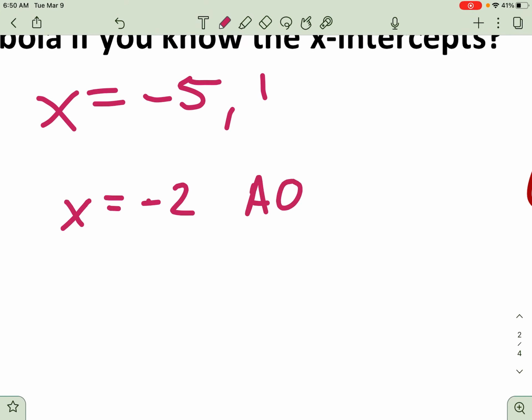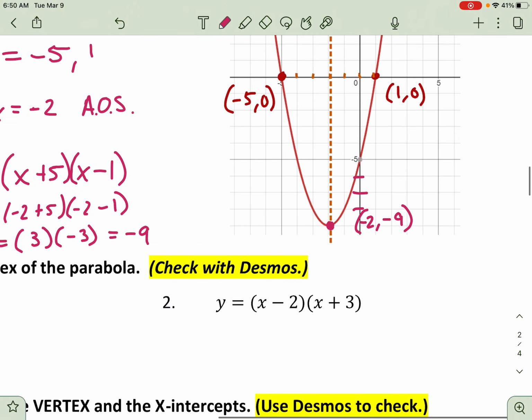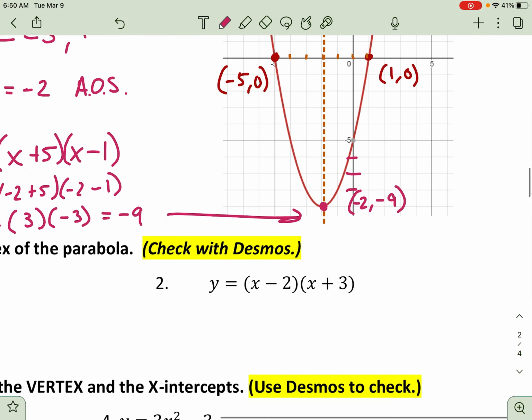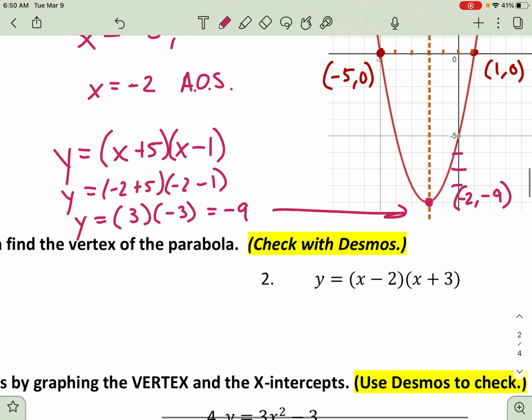This would be a +3, this would be a -3, which would give me a -9 when you multiply them together. So the vertex is -2, -9. You can get the vertex not only by looking at the graph, but if they give you the formula, by going halfway between these two values and then plugging that value in.